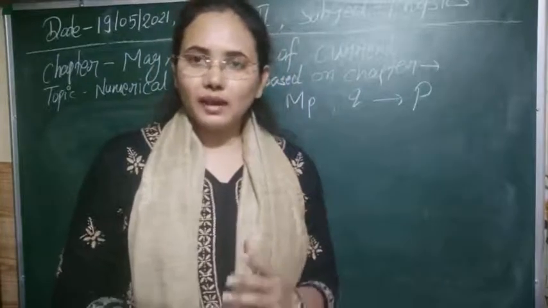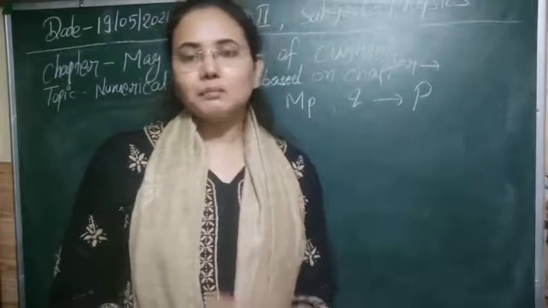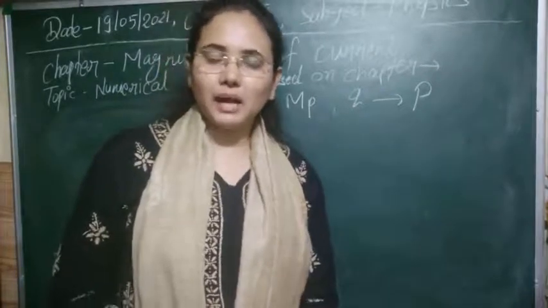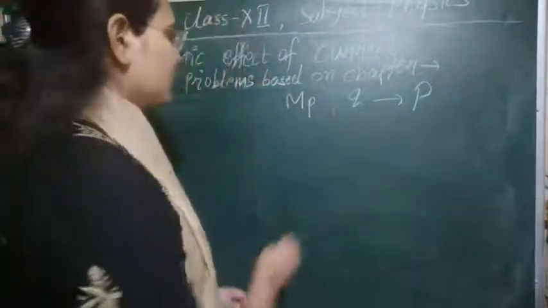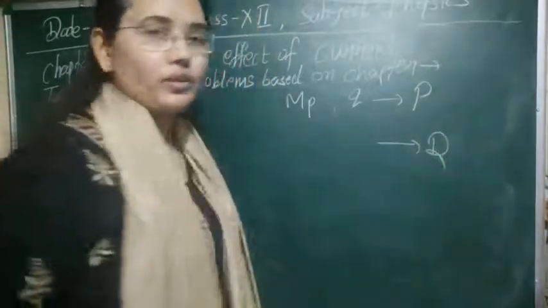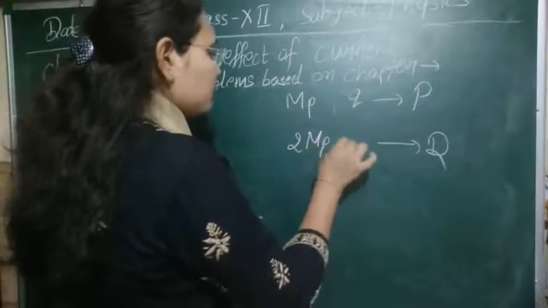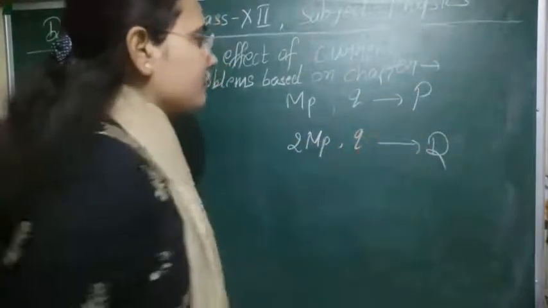In an isotope, the number of charges is the same, but the mass numbers are different, so due to that their masses are different from the proton. So for deuterium, the mass is equal to 2 times mp, but the charge is equal to q.